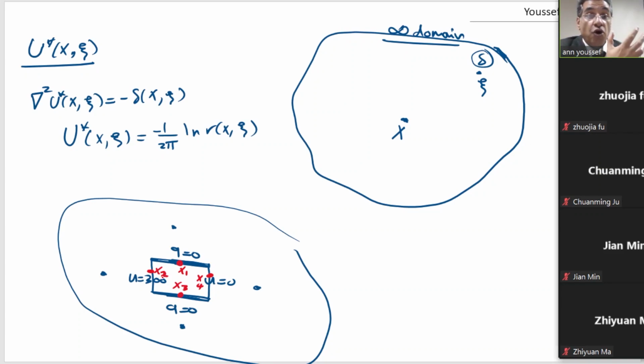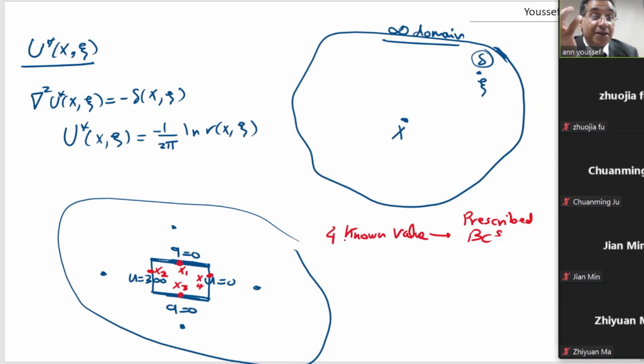Okay, so I have 4 known values. Where do they come from? From the prescribed boundary conditions, and I want to make use of them. As far as I have 4 sources and 4 prescribed boundary conditions, I can rewrite my problem with 4 equations.